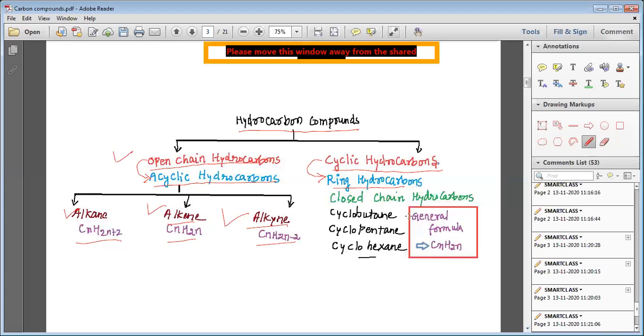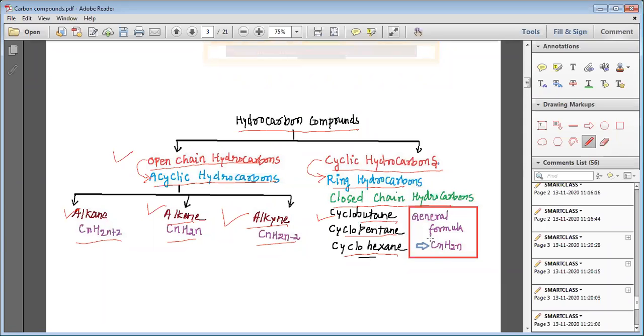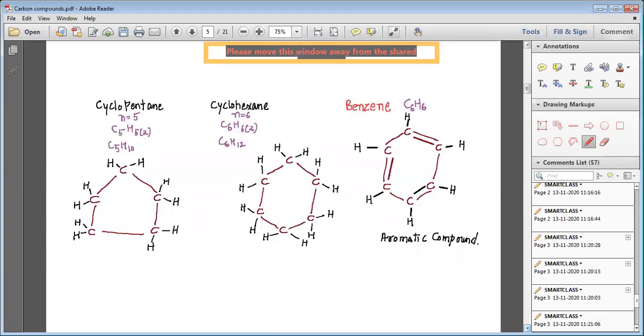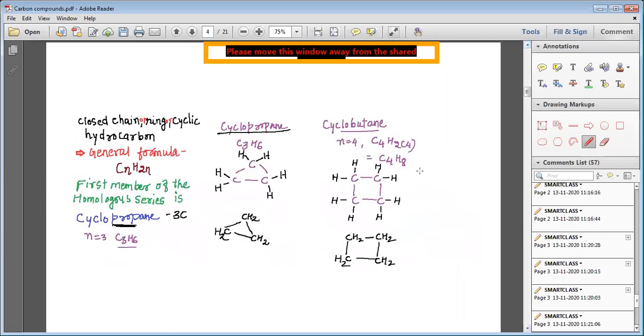Now, my dear students, we are going to study about the cyclic hydrocarbons. Some examples are cyclobutane, cyclopentane, cyclohexane. The general formula for the cyclic compounds is CnH2n.